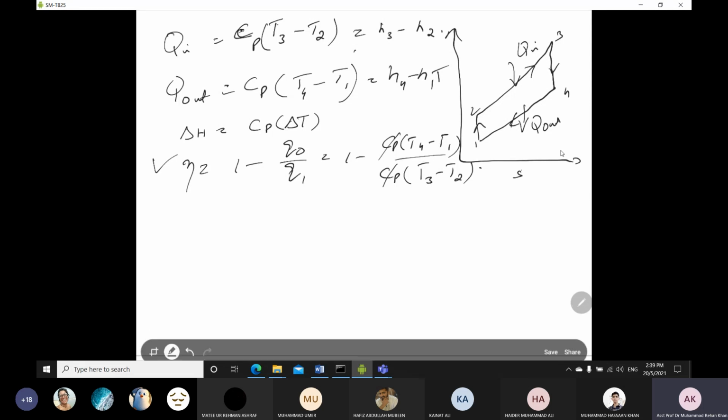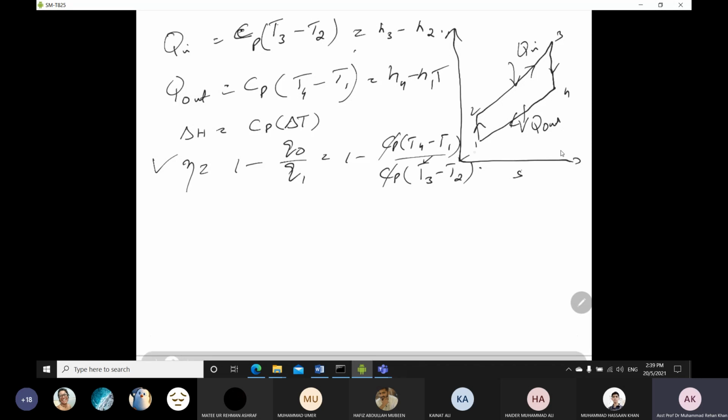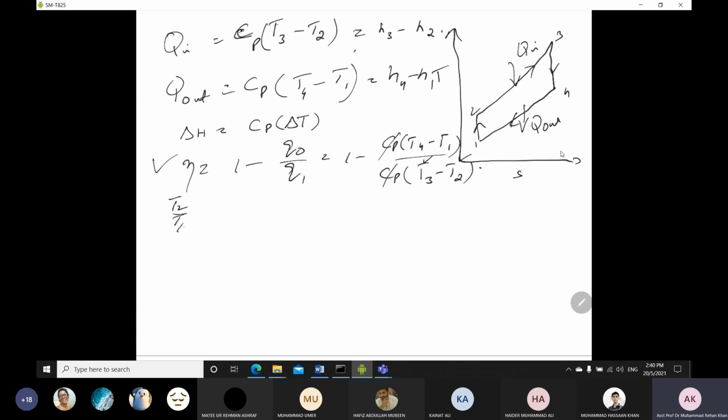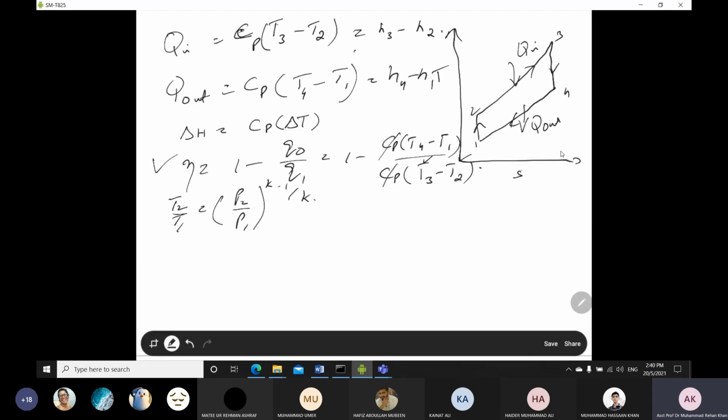Now we simply have to put the values of T3 and T2 in this equation, and we can derive these values from simple isentropic relations. The first relation valid for the isentropic process is T2 over T1, because 1 to 2 is isentropic, equal to P2 over P1 to the power K minus 1 over K. We already saw this relation at the start of the gas power cycle lecture.